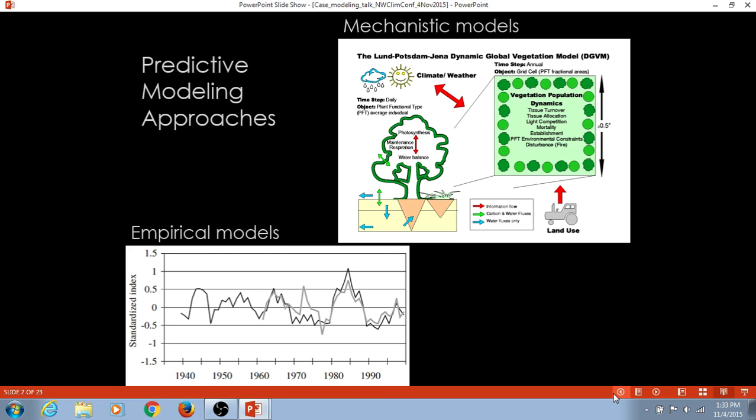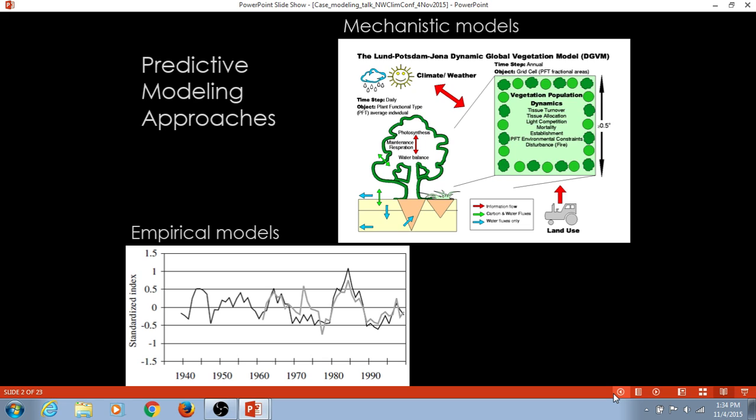Mechanistic models, in contrast to that, can be very complex. The example here is the LPJ model, which is a dynamic global vegetation model, and it's simulating all these different processes that we know influence plants. It uses temperature, precipitation, carbon dioxide concentrations, soils, even disturbances, and it simulates growth and mortality, biotic interactions.